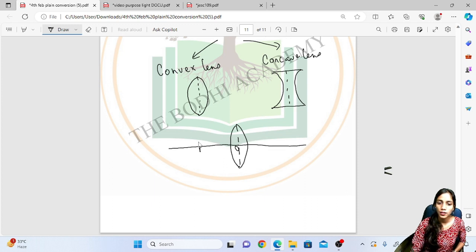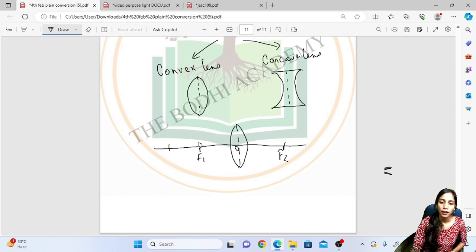This is the principal axis which remains the same. Then it has a principal focus. This surface will have this principal focus and this surface will have this principal focus. So as there are two surfaces, there will be two principal foci for the lens.